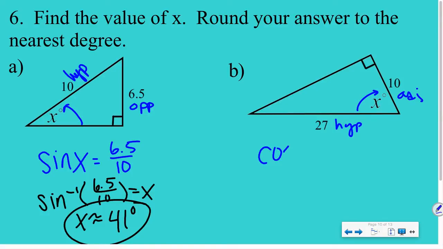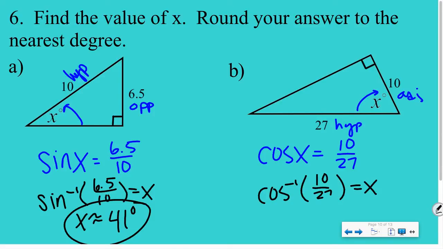So the cosine of x equals what over what? 10 over 27. Good. You want to find an angle measure, use your inverse. So you're going to do the cosine inverse of 10 over 27, and then take that one to the nearest degree. What'd you get? 68.